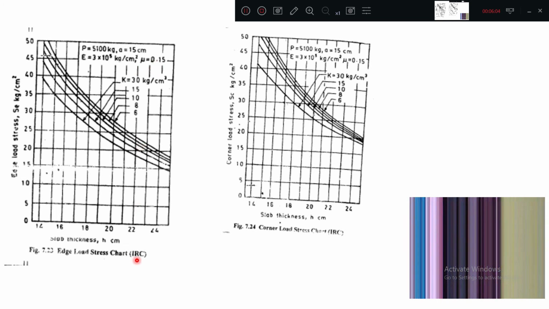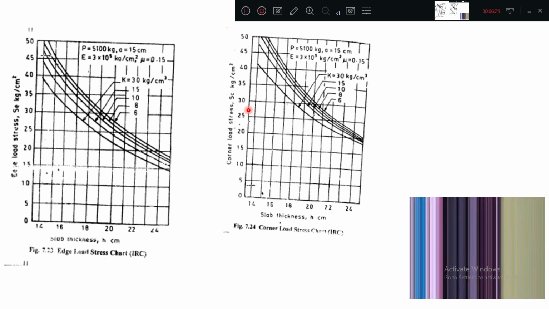These are called IRC standard charts to calculate the stresses for edge, stresses for corner, for different slab thickness. You understand this one, different slab thickness. If the slab thickness is 20 and your K value is 8, so intersect here, get here, so that will be your SC value.